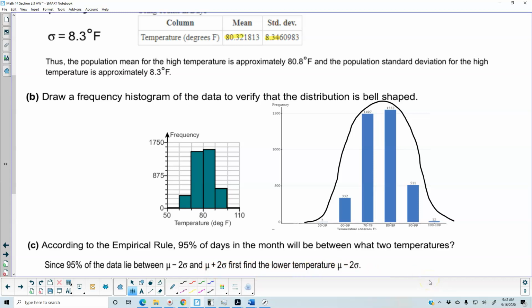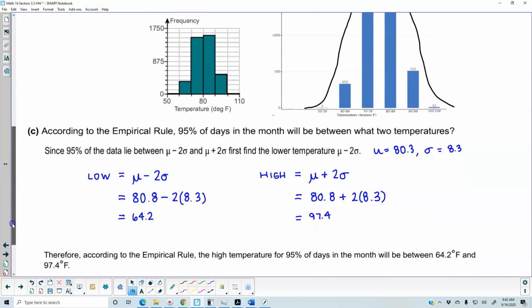But what we need to do is take a look at what we found for the mean. So recall that the mean is 80.8 and the standard deviation is 8.3. And so we're going to use that information to find the upper and the lower parts.